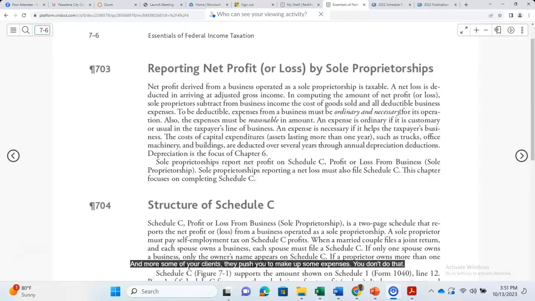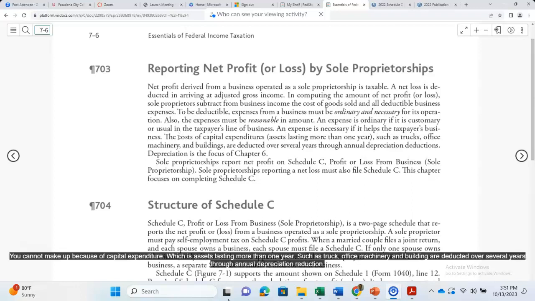And some of your clients, they push you to make up some expenses. You don't do that. Also, the expenses must be reasonable in amount. An expense is ordinary if it is customary or usual in the taxpayer's line of business. An expense is necessary if it helps the taxpayer's business. So it's important that it is related to the business.